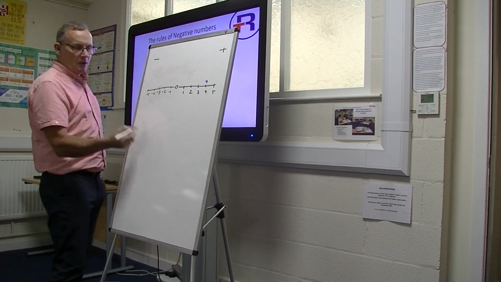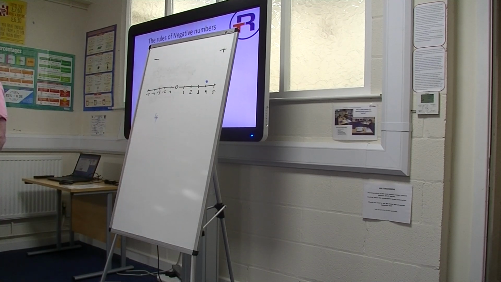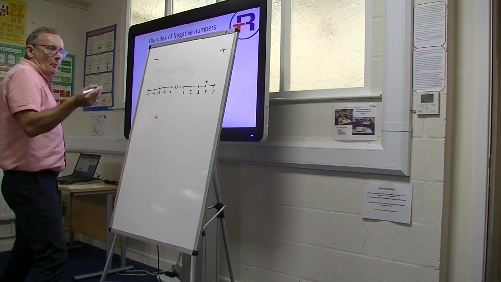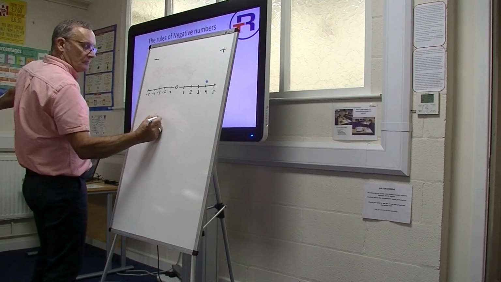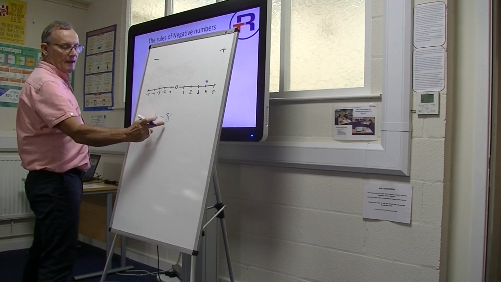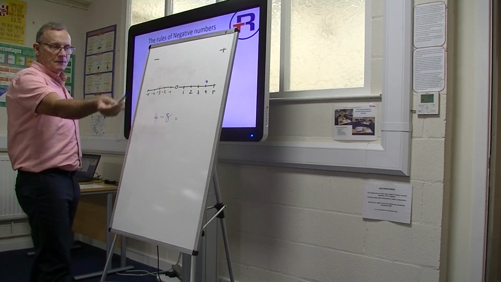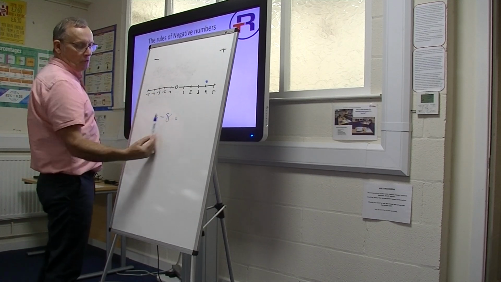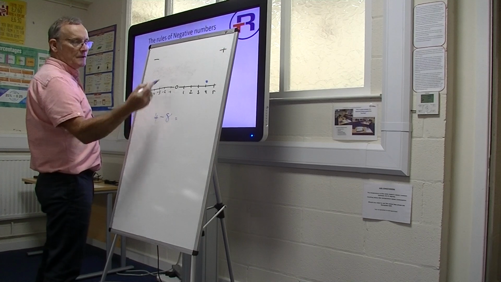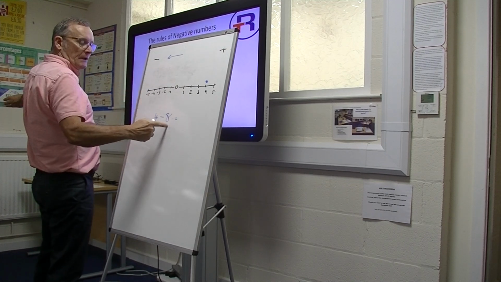So what we've actually got there is 4, which is the temperature now. It's going to drop, so it's going to minus by 8 degrees. So there's the sum, 4 minus 8. So what's the temperature going to be overnight? So this is what we do. We start at 4, then we minus, and when we minus we come to the left 8 places.